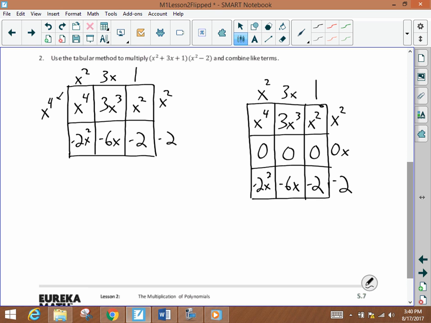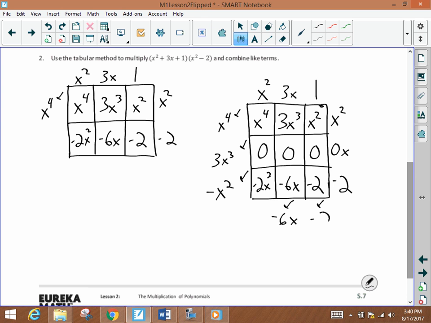There we go. So now my x to the 4th is going to come out because I don't have anything to add it to. The 0 and the 3x cubed I'm going to add together. That's just going to give me 3x cubed. And now over here, negative 2x squared plus 0 plus x squared just gives me negative x squared. And 0 plus negative 6x is going to give me negative 6x.